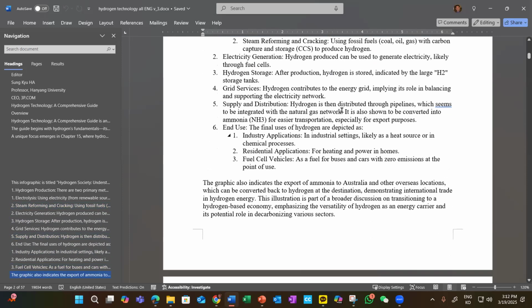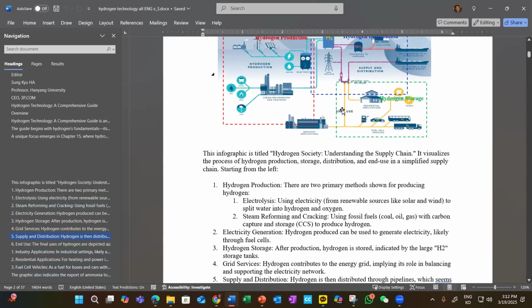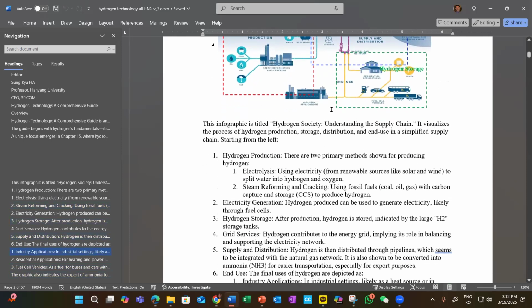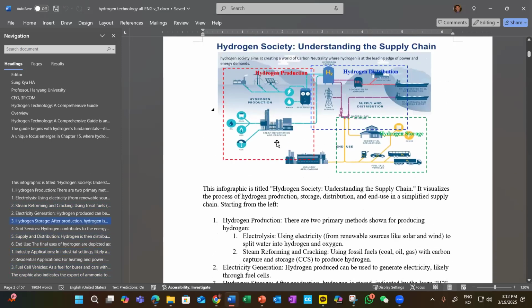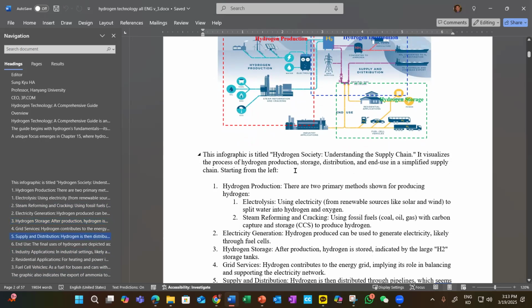You read these short descriptions about this figure, and there is a terminology called electrolysis. Electrolysis is the most simple procedure. We just decompose water into H2 and O2 using electricity.